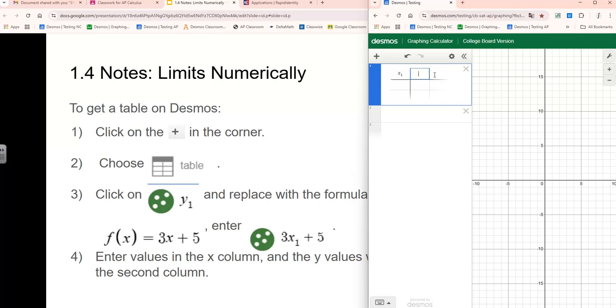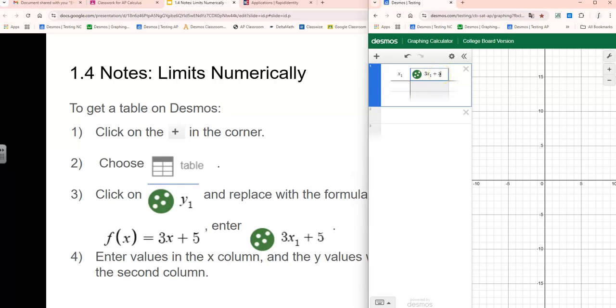The way I would do this is, if my equation is f of x equals 3x plus 5, you're going to put the formula over here, and you're going to use a 1 behind the x, so it's using the x1 right here, so you're going to do 3x1 plus 5. And to type an x1, you just type x with a 1 behind it.